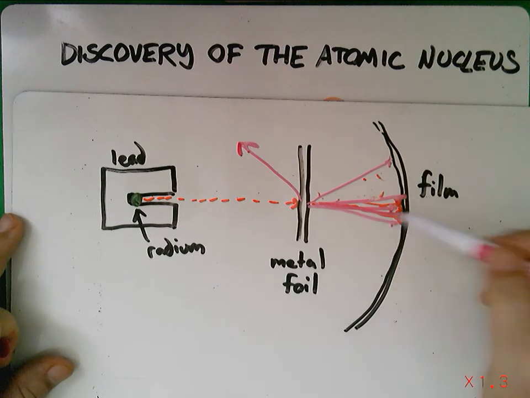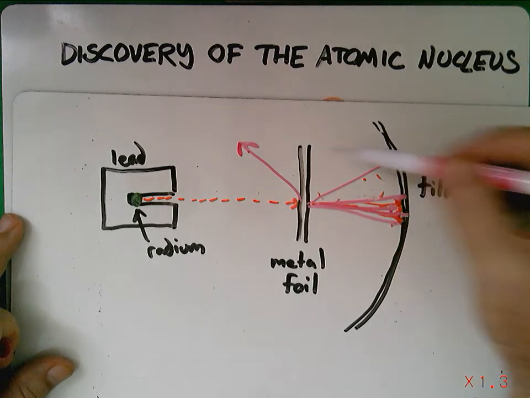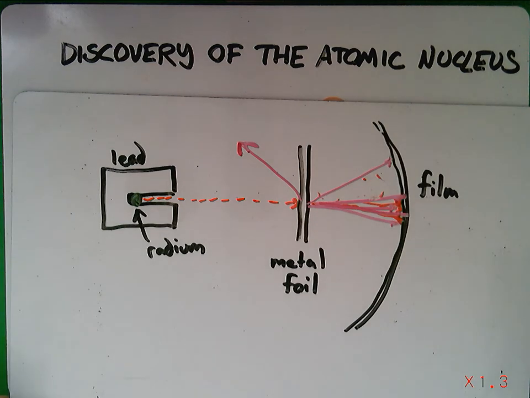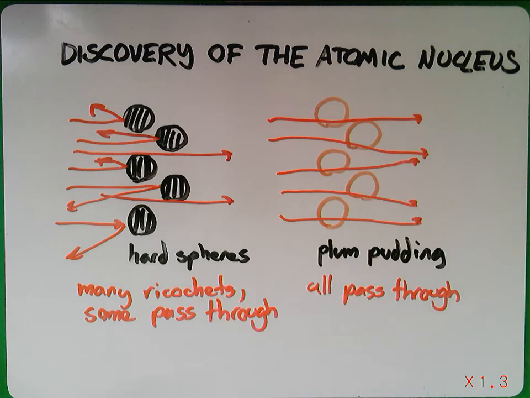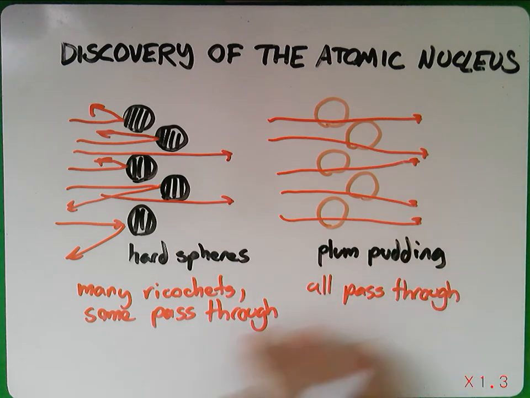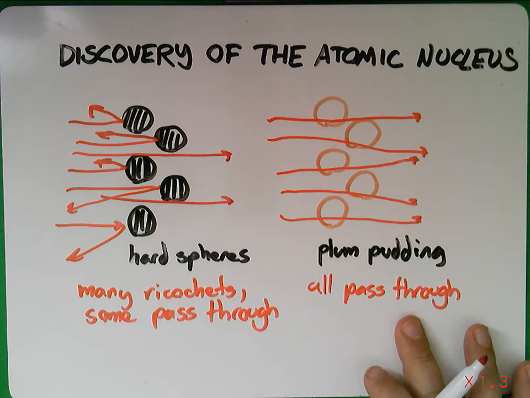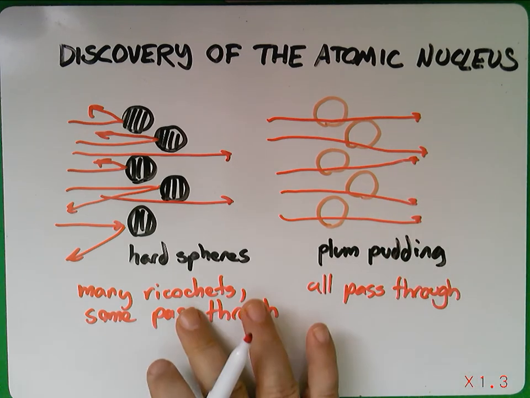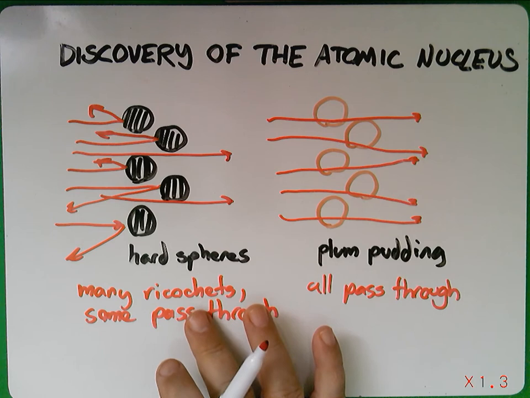So most of them went straight through. There were a few large-scale deflections, and some of them actually ricocheted. So you're getting a situation that was neither of these two situations we talked about before. Almost all of them passed through, but there were a few ricochets.